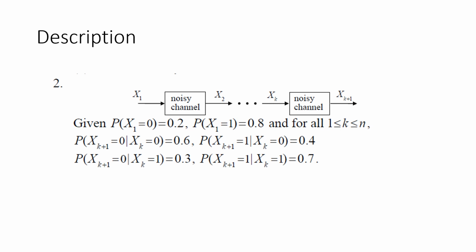And we have the probabilities that the probability of xk plus 1 equals 0 given xk equals 0 is 0.6, the probability of xk plus 1 equals 1 given xk equals 0 is 0.4, the probability of xk plus 1 equals 0 given xk equals 1 is 0.3, and the probability of xk plus 1 equals 1 given xk equals 1 is 0.7.